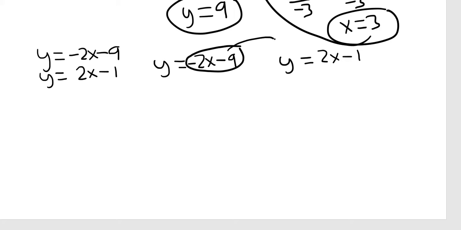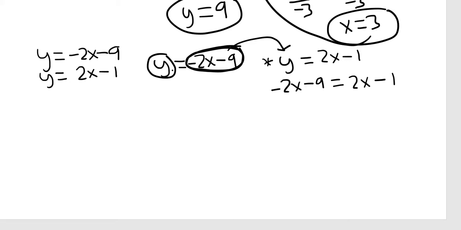We're going to replace the y with negative 2x minus 9 so that we have a new equation that has just one variable in it that we can solve. Notice how I wrote this equation just like it is, except instead of the y, I plugged in negative 2x minus 9 because I know that y is equal to negative 2x minus 9.